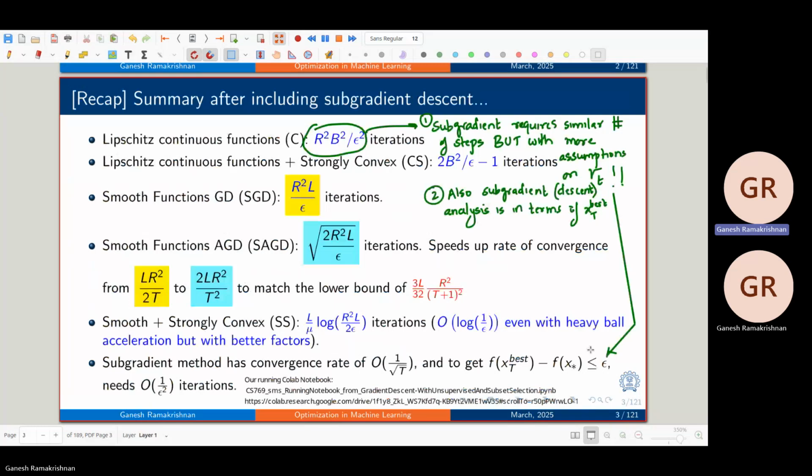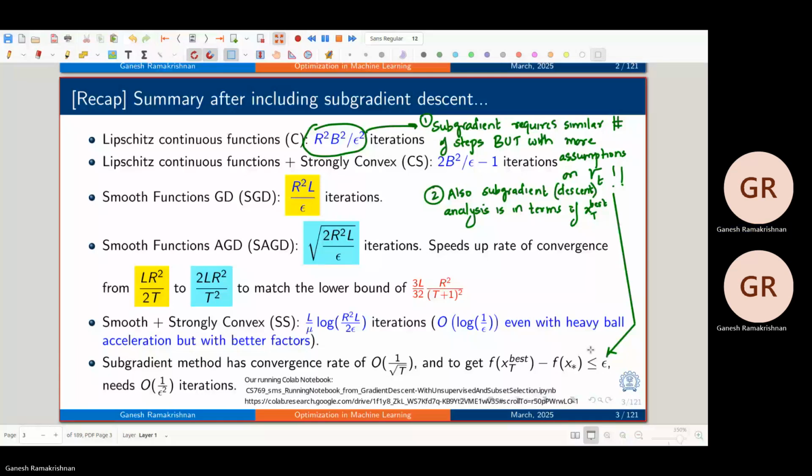The two caveats were, first, subgradient requires more assumptions. Here you see a bunch of more assumptions on gamma t were required. What was the assumption on gamma t that was required? Anyone can recall? Yes?